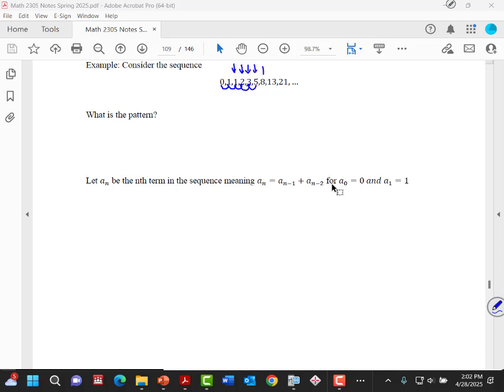3 plus 5 is 8. 5 plus 8 is 13. 8 plus 13 is 21. So what's the pattern? Okay, each term is the sum of the two previous terms.